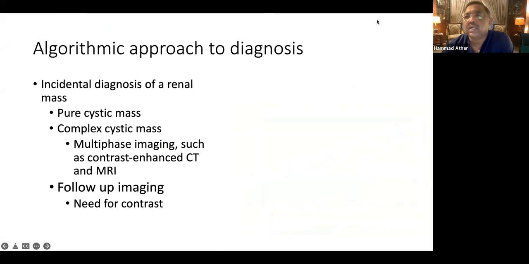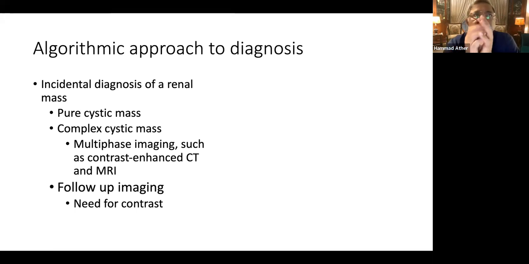Now, let's come to the discussion point of this evening, which is the role of contrast-enhanced ultrasound. Now, consider a picture in which there is an incidental diagnosis of a renal mass.